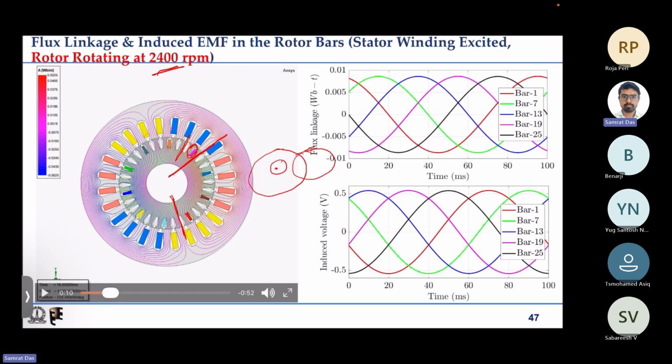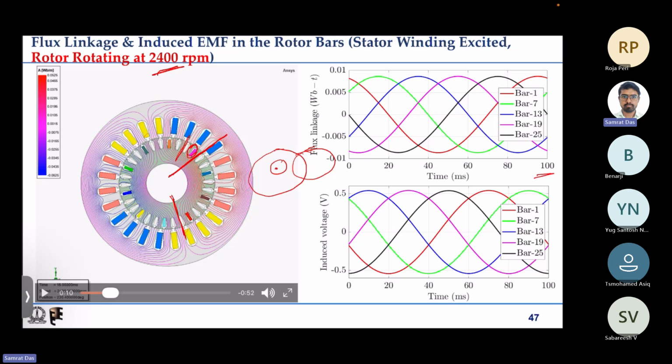I have plotted the flux linkages of 5 bars. You can see this is how they look, and they are phase shifted from each other. The frequency corresponds to 100 milliseconds, that is, 1 by 100 milliseconds, which is 10 hertz. What is 10 hertz?